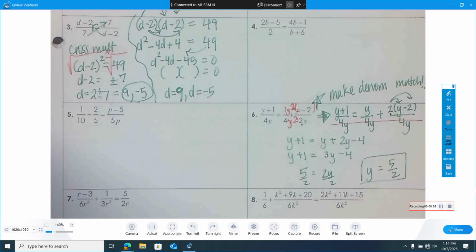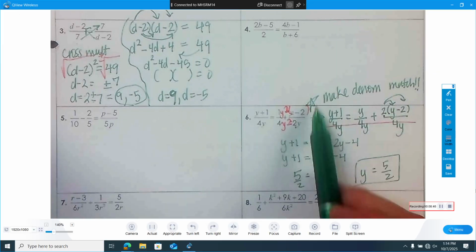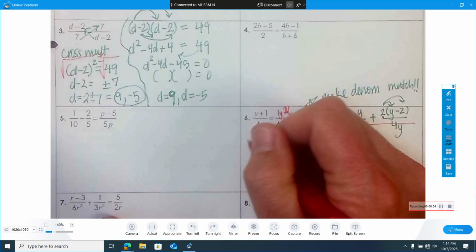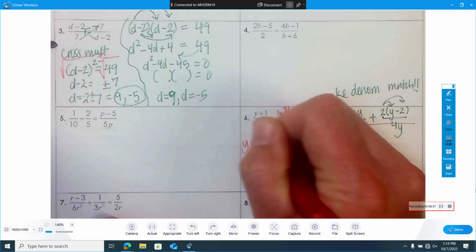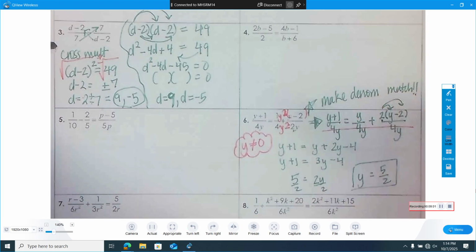Now, I have a question for you. In this problem, the original problem, there is one value that we can never use. 0. Y cannot equal 0 right off the bat. How come y is not allowed to be 0?